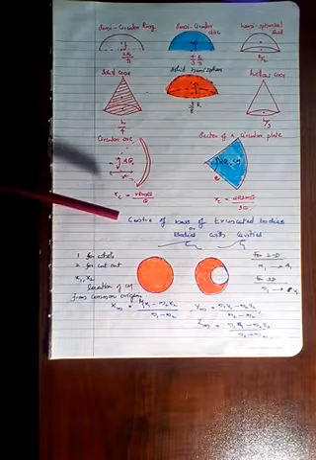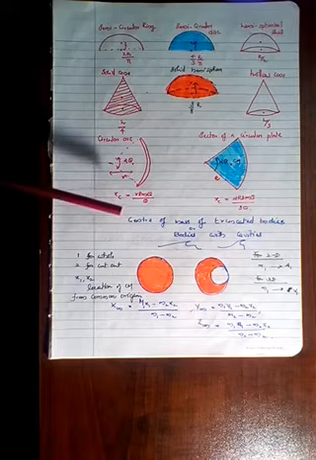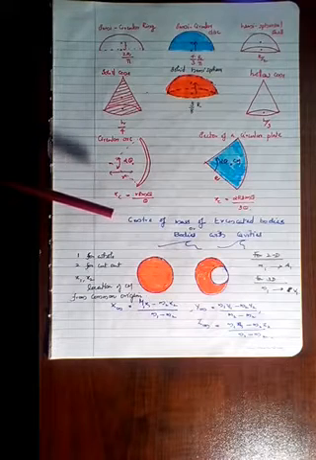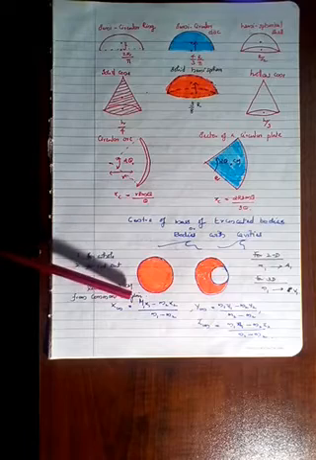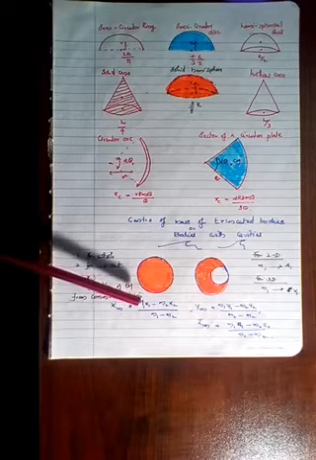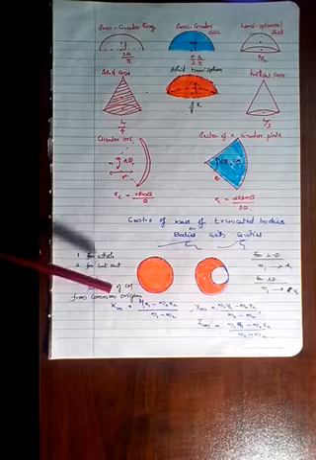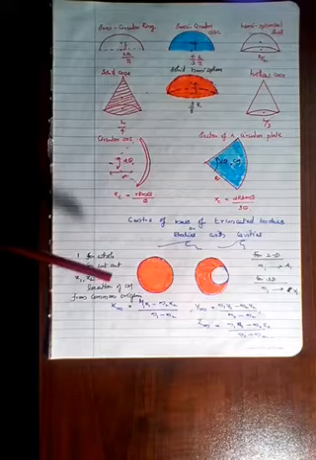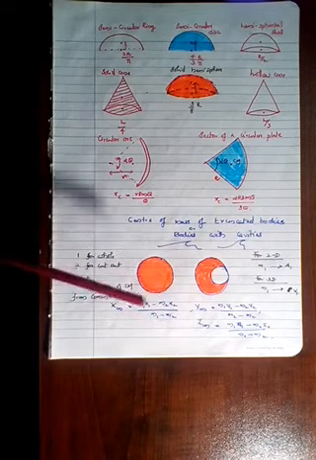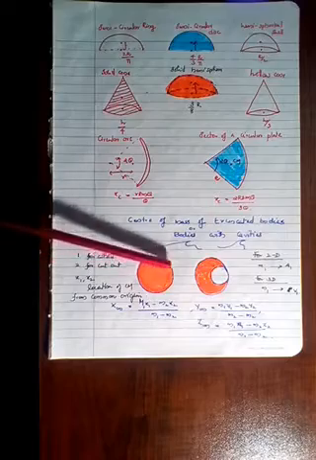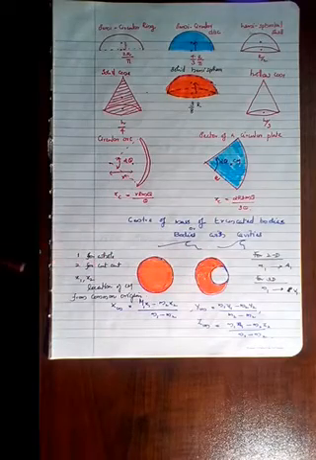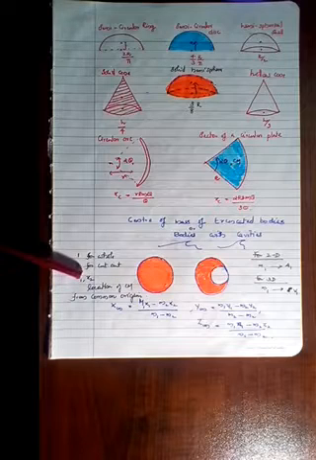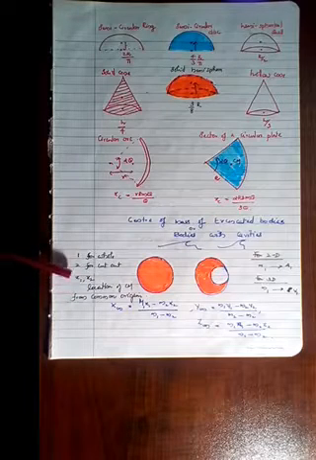We have arrived at a very important concept: how we can find the center of mass of bodies with cavities. You can use the simple formula (m1 x1 minus m2 x2) by (m1 minus m2). The very important thing here is 1 for the whole mass and 2 for the cutout mass. Then what are x1 and x2?